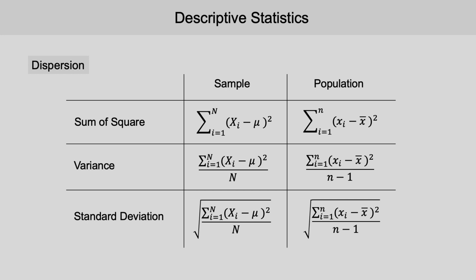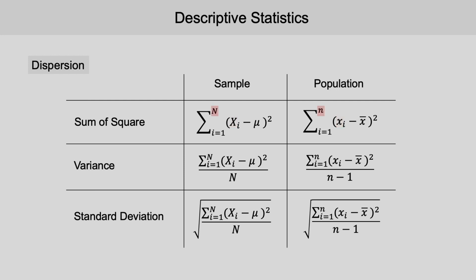This is the formula for the sum of squared deviations, variance, and standard deviation. Sigma represents the sum. Capital X represents the random variable values of the population, and lowercase x represents the random variable values of the sample.